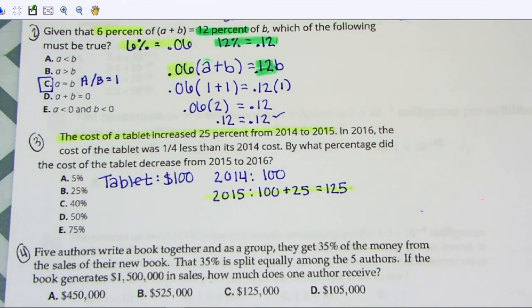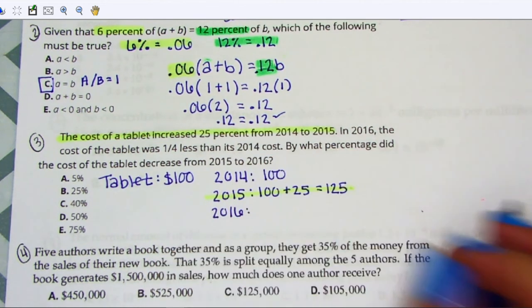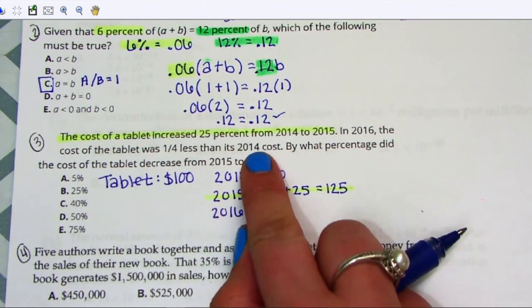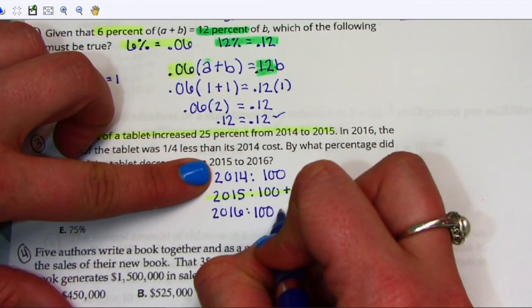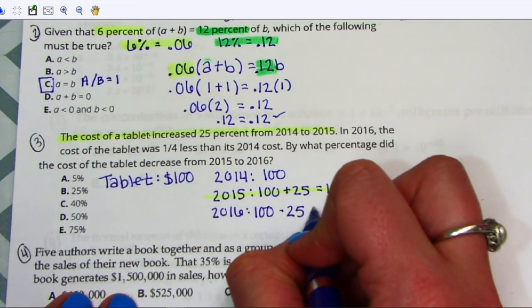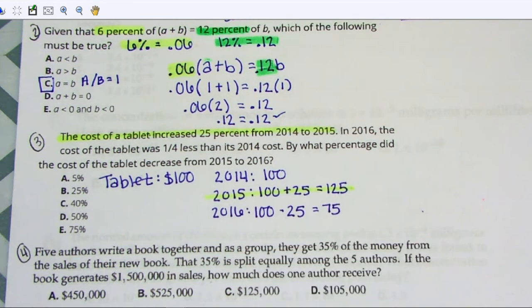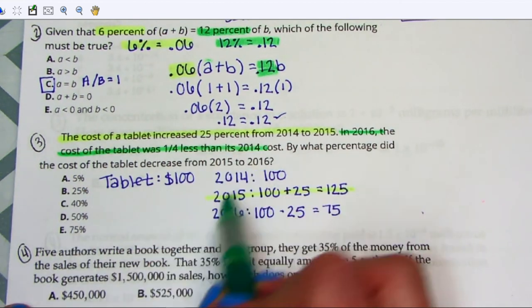That's why I chose 100. It's a nice, easy number. Then 2016, it says that the tablet was a fourth less than 2014. Well, in 2014, it was 100. A fourth or a quarter of 100 is 25. So it went down $25. Now it's $75.